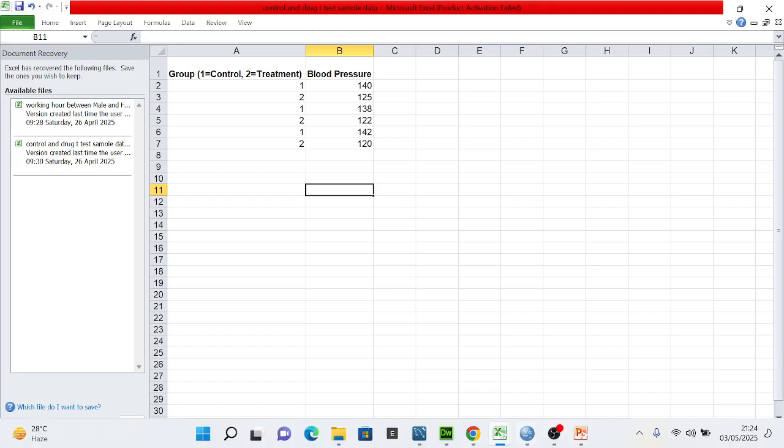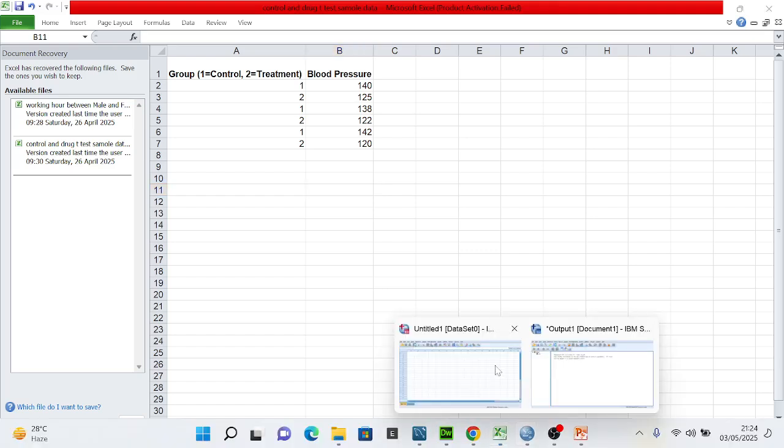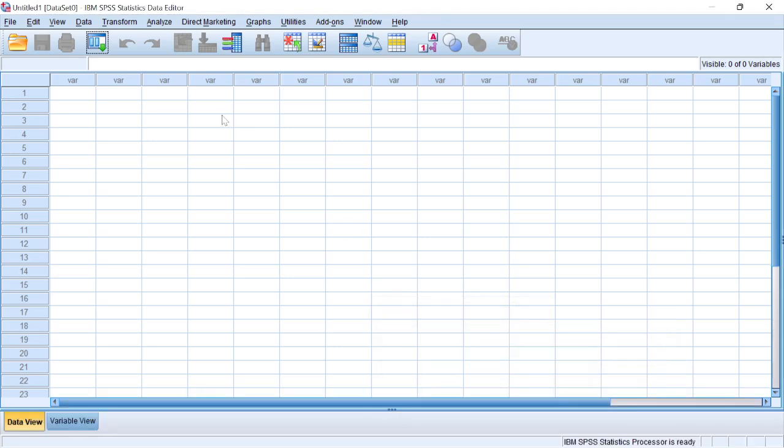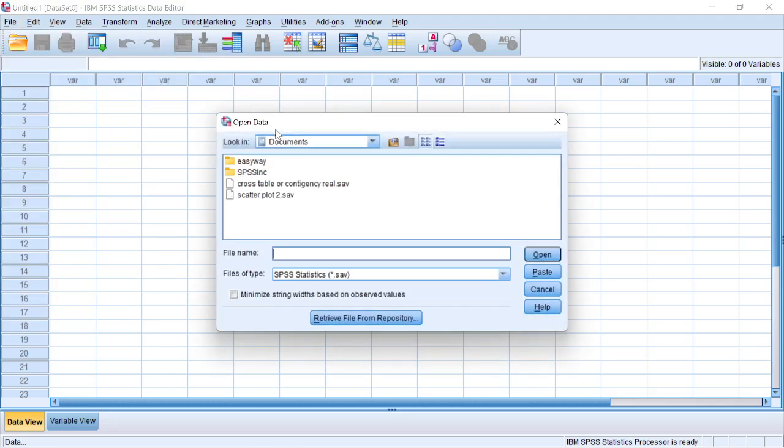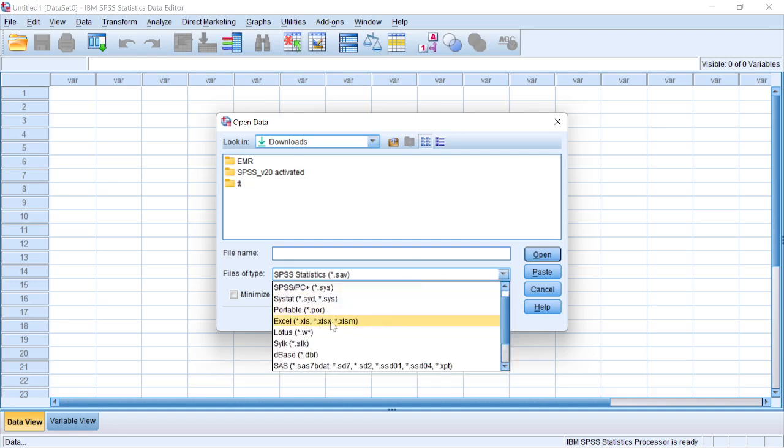So the first thing, without wasting much time, is that we'll go to our SPSS file. I want to import my data, open from my Excel to my SPSS. Then I think it's under download. I'll go to my download, come here, go to Excel.